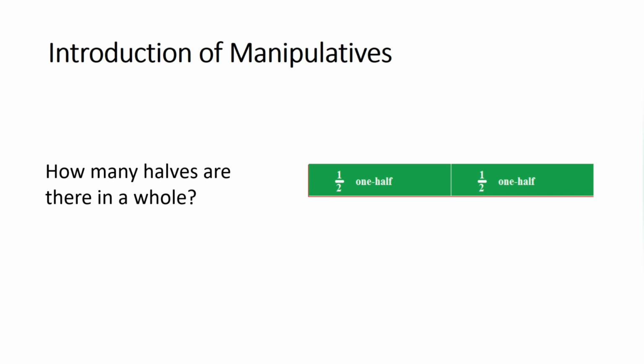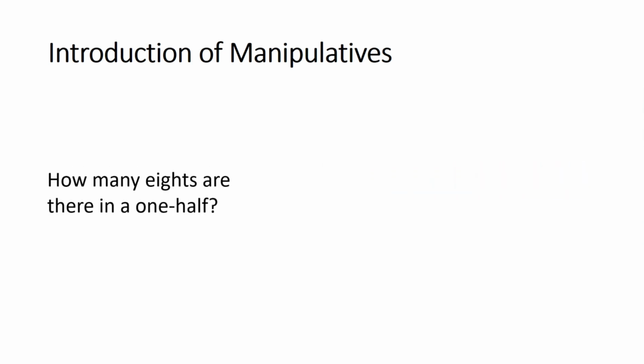Then you can proceed to asking higher order questions like how many eighths are there in one half? Again, this can be demonstrated by looking at the half tile, then tessellating with the amount of 8 tiles. From your observation, you will see that there are 4 eighths in one half.